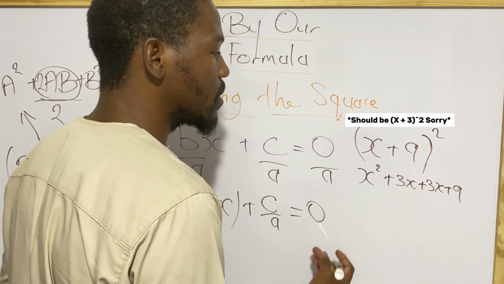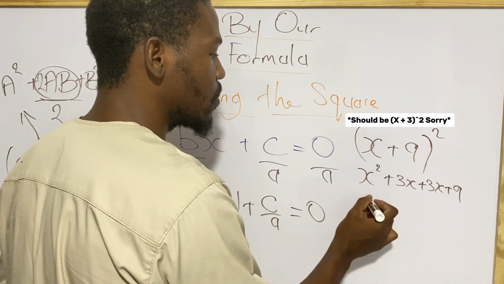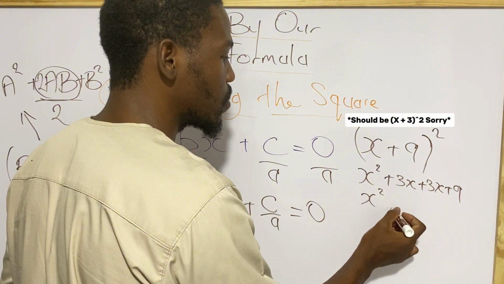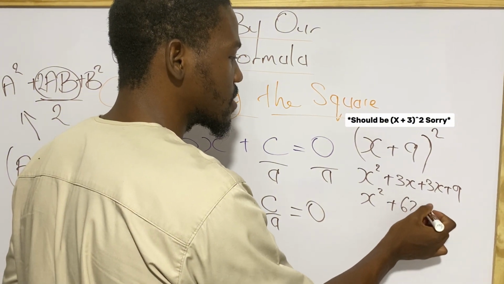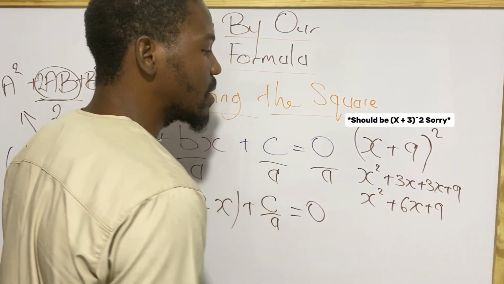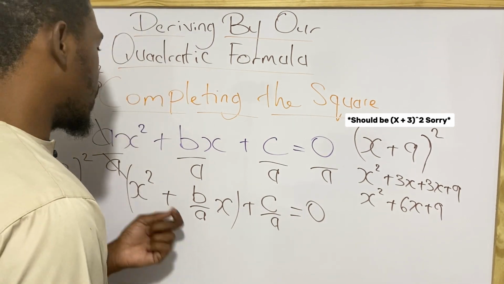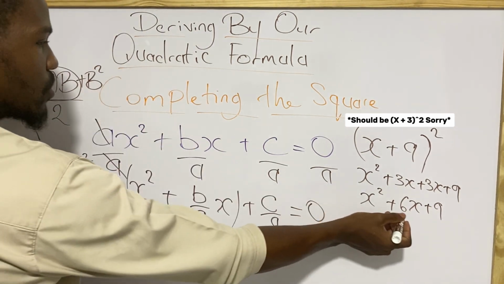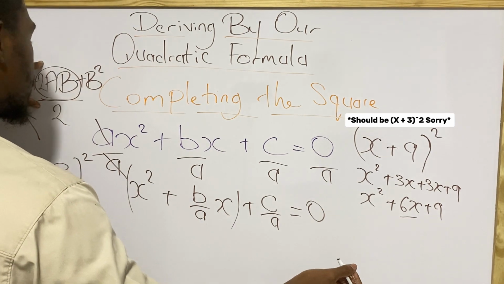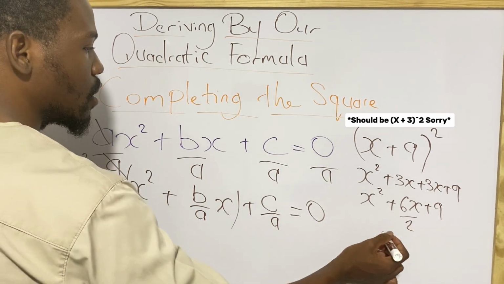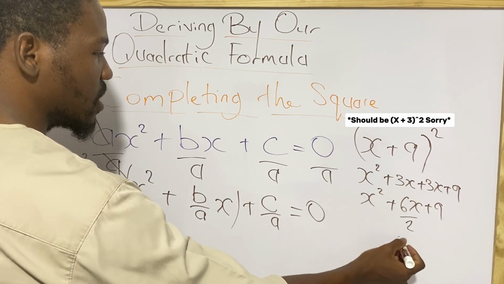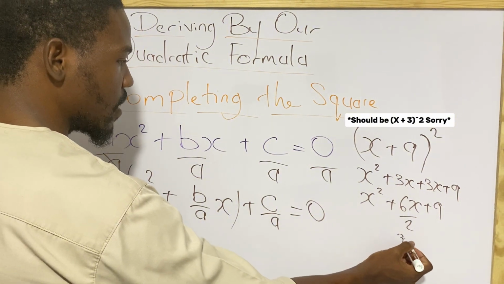So if you look here, we would literally have x squared plus 6x plus 9. Now what I'm saying is that if you take this 2ab, which would be this 6 right here, and half it, that would give us 3.